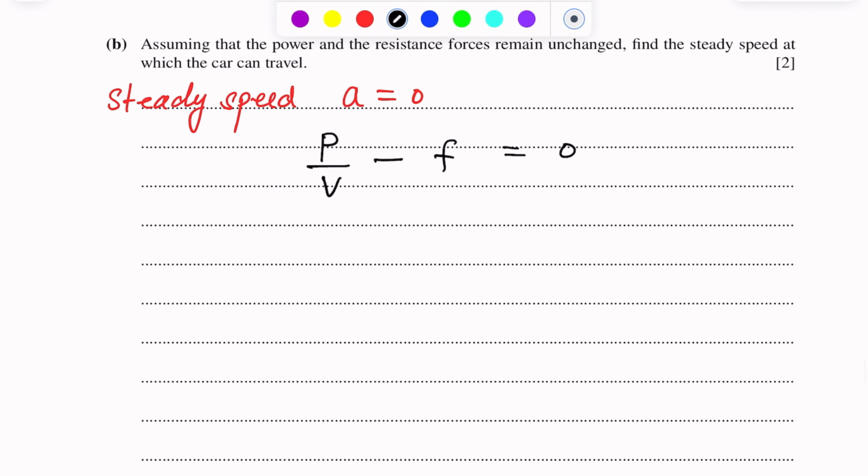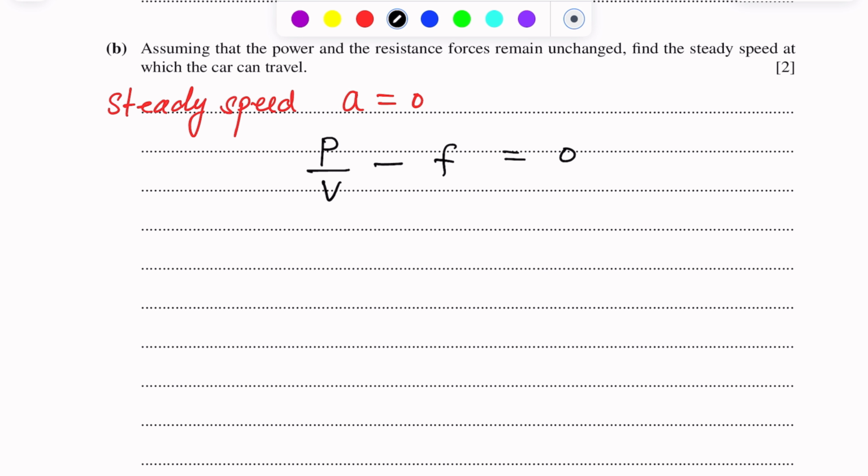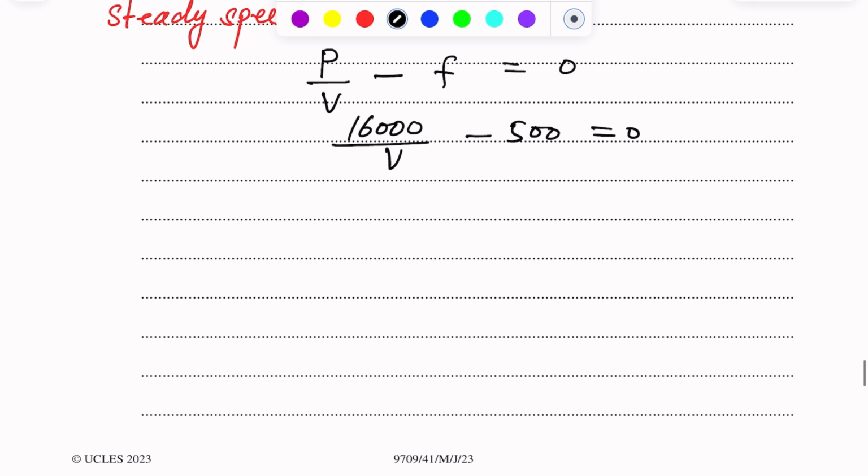Putting the values, we have to find the speed of the car, that is the steady speed. 16,000 over V minus 500 is equal to 0. 16,000 over V is equal to 500.